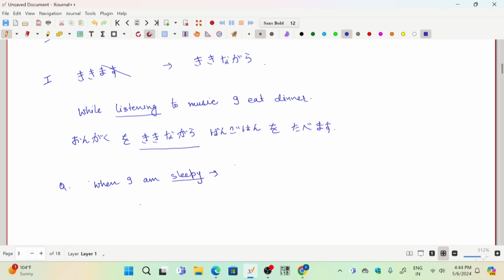Sleepy is nemui. So nemui toki. When will be toki. Nemui toki gamu o kaminagara. Gamu is gum, chewing gum. O kaminagara.